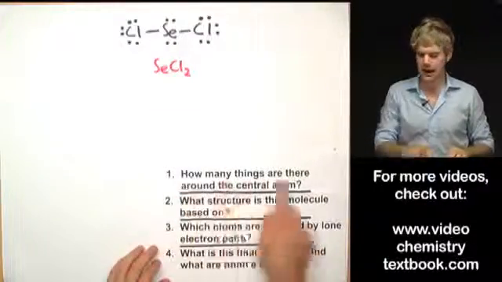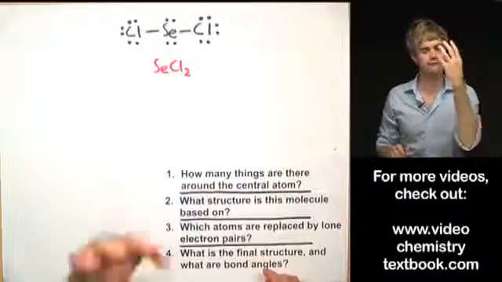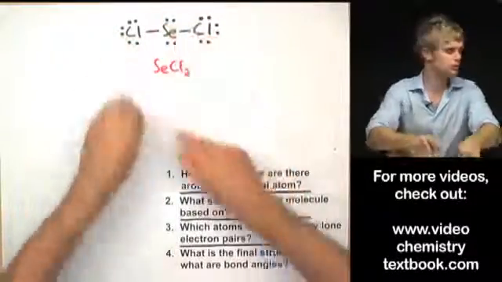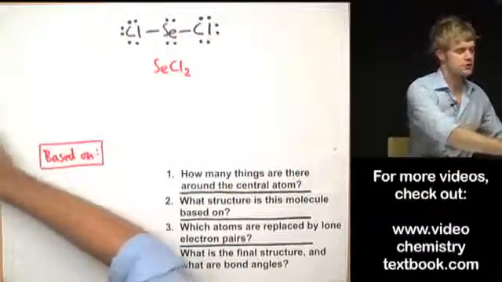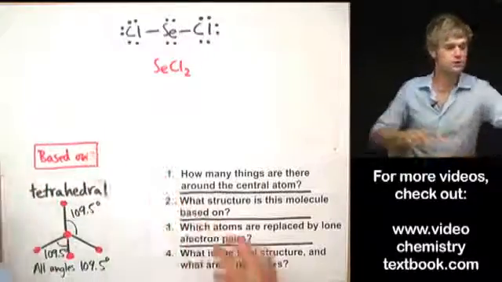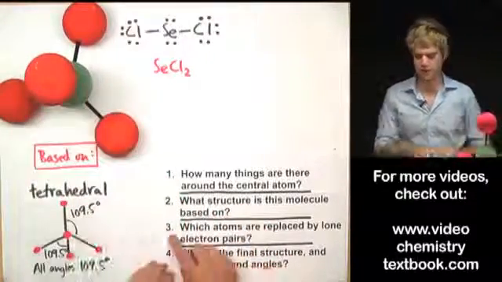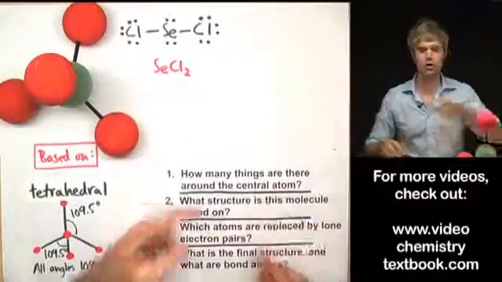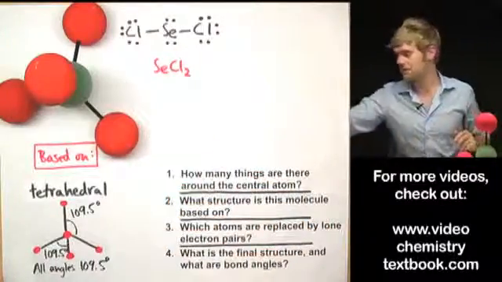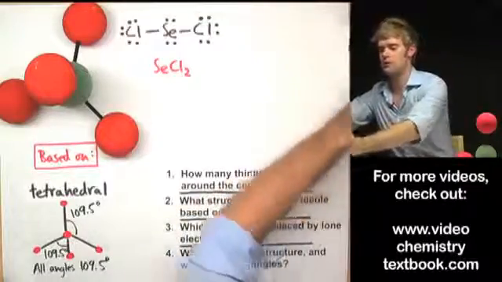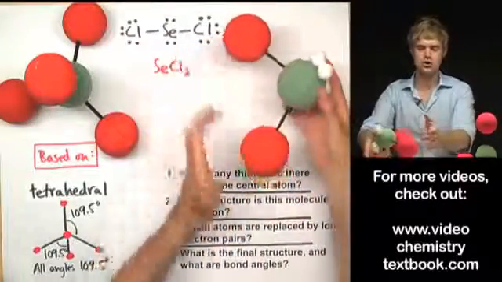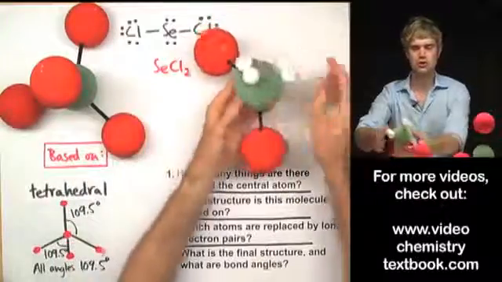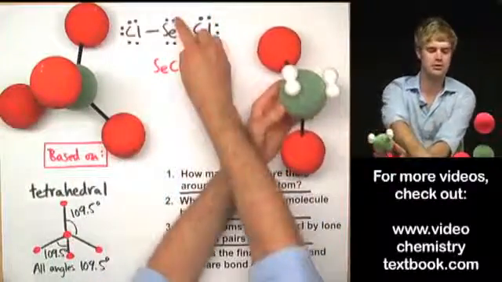SeCl2. How many things are there around the central atom? There are 4 things. 2 bonds, 2 lone electron pairs. So this has 4 things total, so it's based on this tetrahedral shape. Which atoms are replaced by lone electron pairs in this molecule? 2 of these atoms. And because of that, it's going to have a shape that looks like this. 2 of them have been replaced by lone electron pairs, this one and this one.